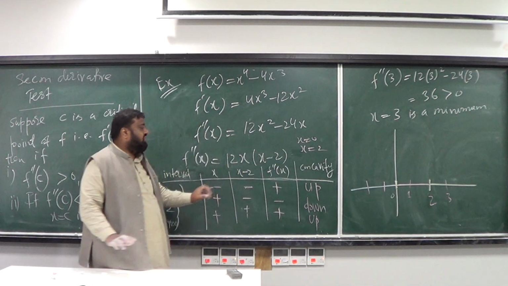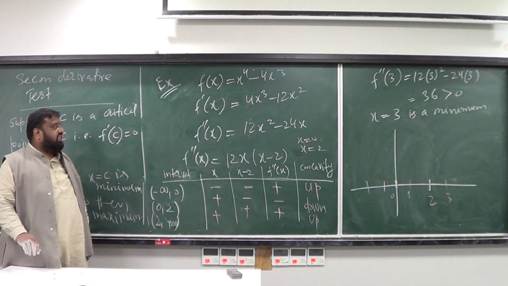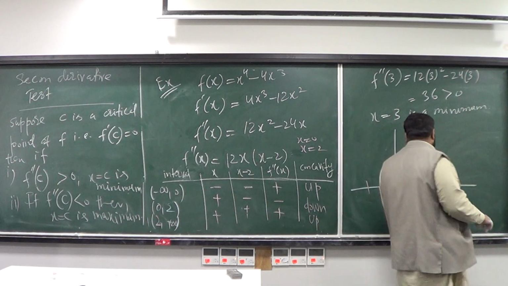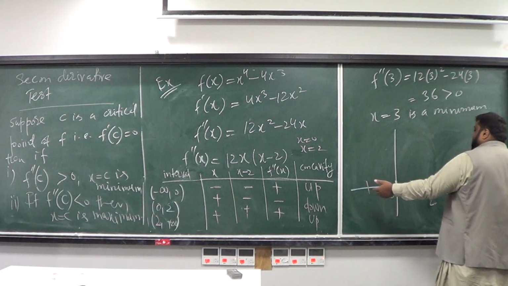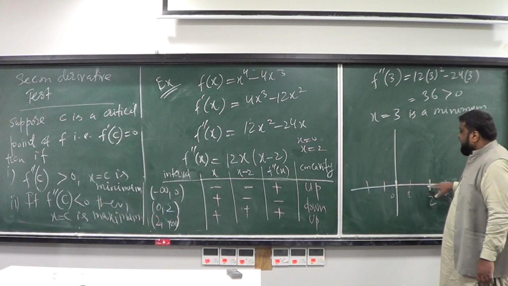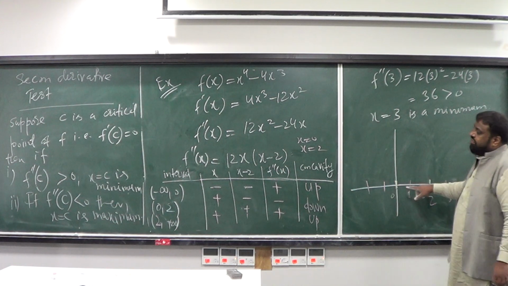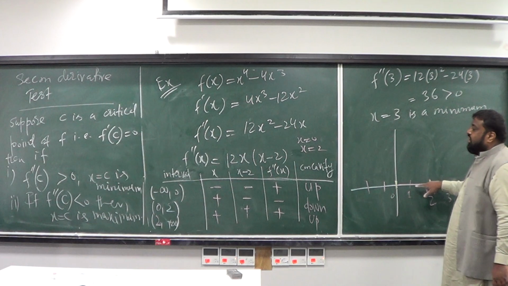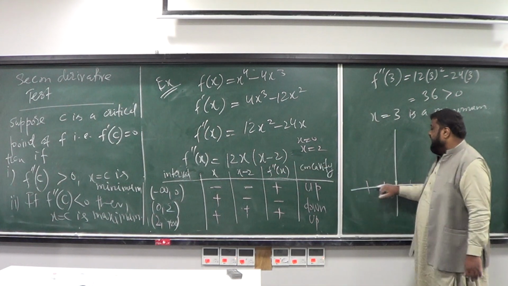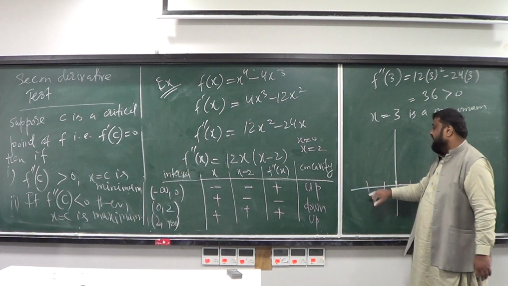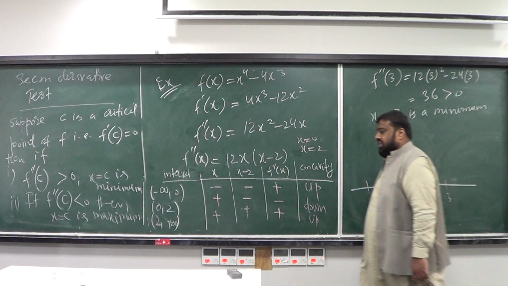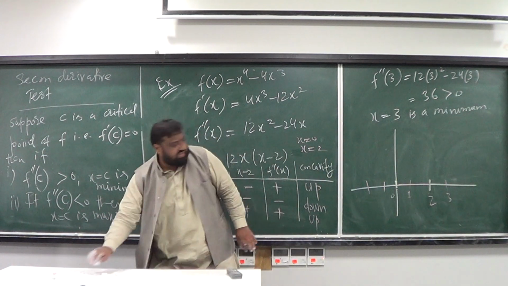Then we put these on a line, convert them into intervals, and see what happens in each subinterval to f double prime of x. In other words, what is the sign of f double prime of x in each interval? This is what I would like to do.